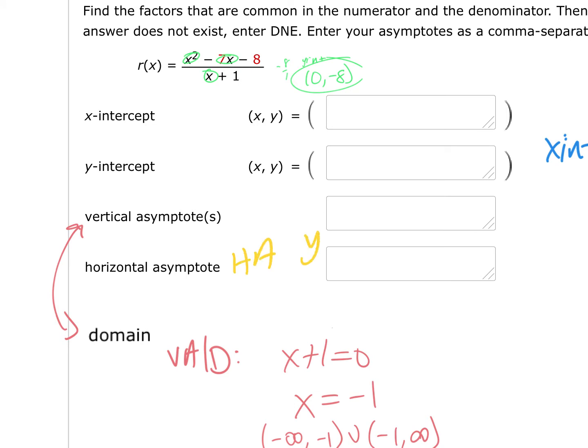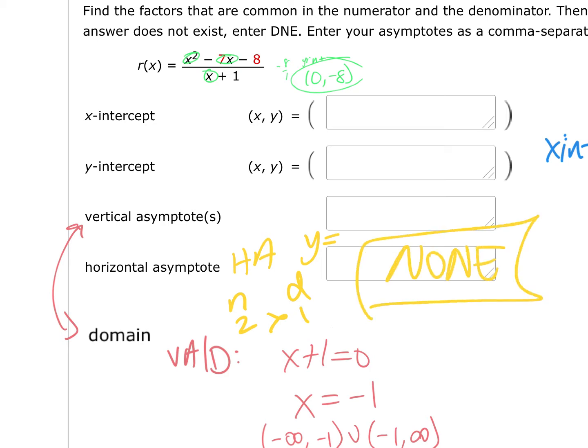Compare the degree. I know it's going to be y equals, so the numerator to denominator. 2 to 1. Ooh, 2 to 1. This one's a little different. 2 is what then 1? Greater. What happens when the numerator degree is greater? Y equals 0. Nope. Is it none? It's none. Correct. Is there a slant asymptote here?